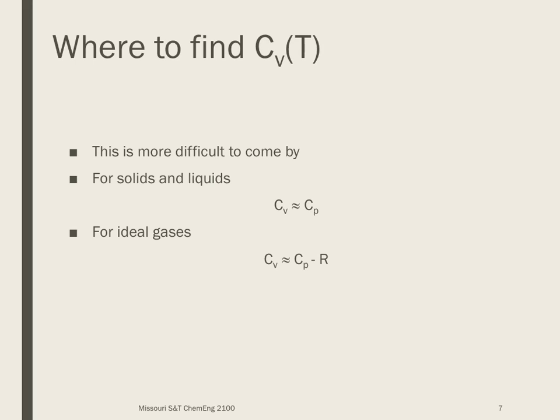For solids and liquids, we're going to approximate this by taking C sub V and C sub P as being virtually the same. For ideal gases, we're going to say C sub V is C sub P minus R. For real gases, we may take a complex form for what C sub P is equal to and subtract R as a first estimate, but it is always safer to find real data and find C sub V as a function of temperature.